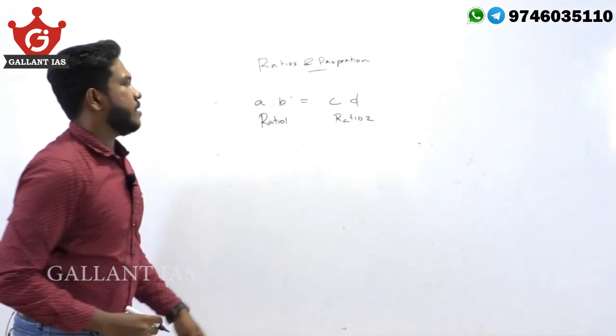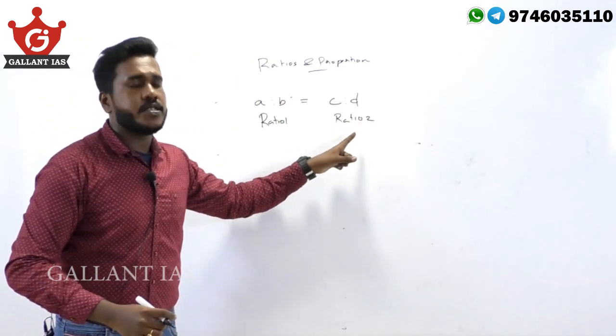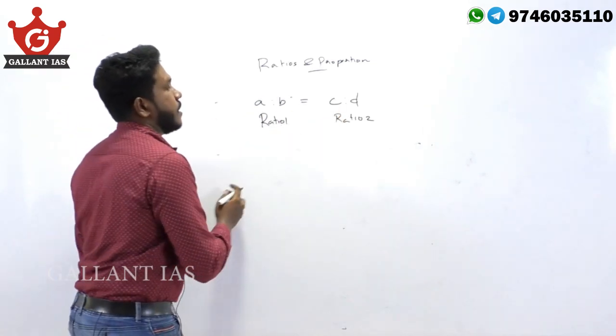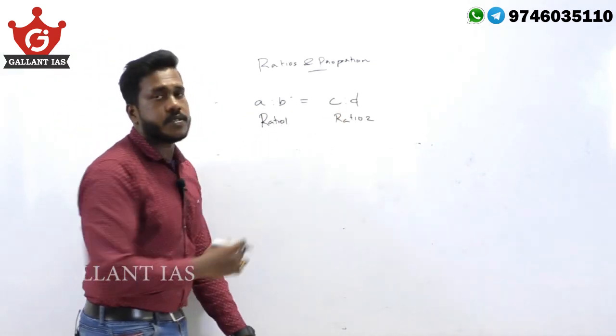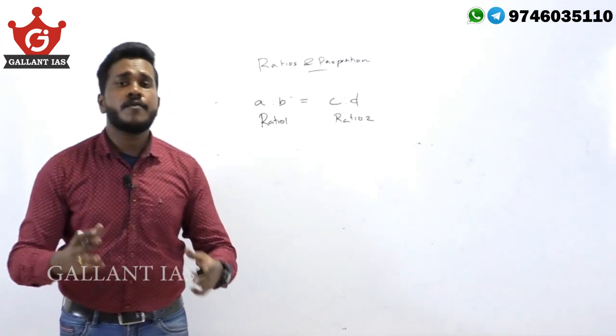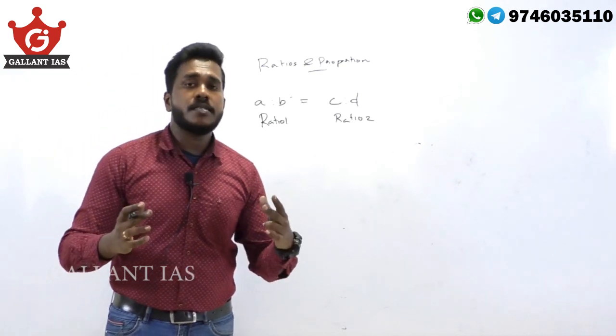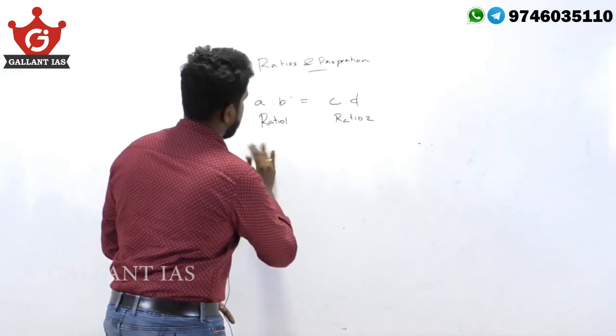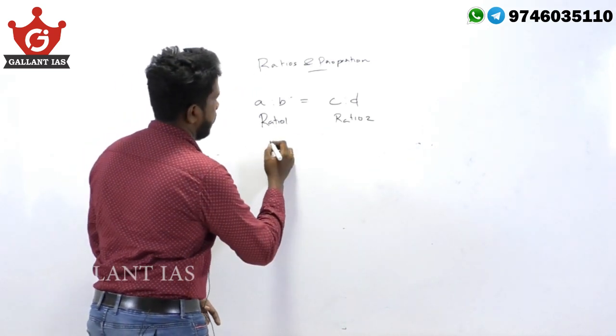Here ratio 1 is equal to ratio 2, that is a is to b is equal to c is to d. So we can say that these two ratios are in proportion. That is, if two ratios are equal, then those two ratios are in proportion.